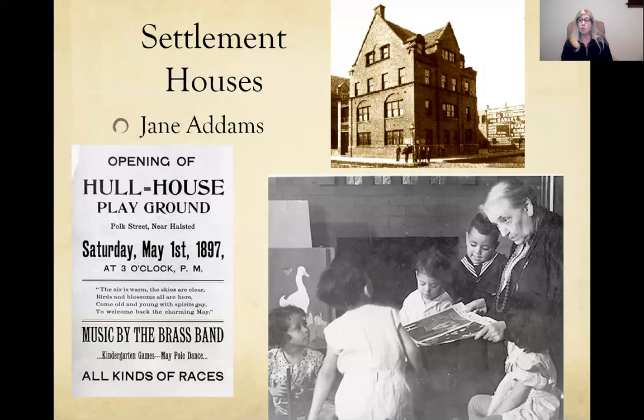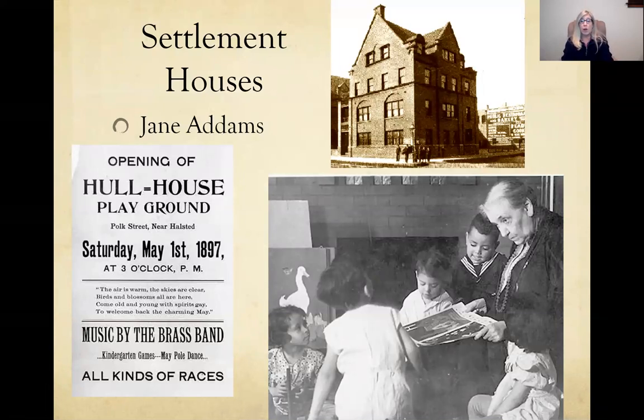And the settlement house movement is a way to help new immigrants to cities. Now, she lived in Chicago, and she creates this approach in downtown Chicago where she's going to provide temporary housing for new immigrants.